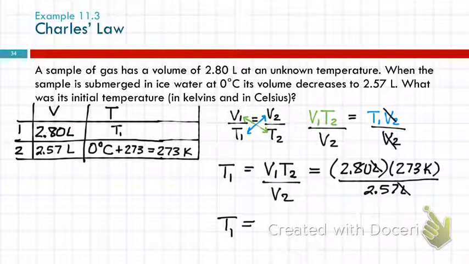I should have 3 sig figs in this. Notice that when we add 0, which had 1 sig fig, to 273, now all of a sudden we've got 3 significant figures. That can happen when we're adding. Everything's got 3. 297.43 Kelvin.